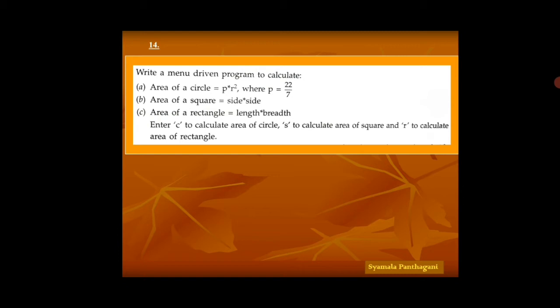Like that, we have to give the information for the end users. Then we will write these formulas in each case. Here we have three areas to find out. That's why we have to write three cases. Now explanation is C to calculate the area of circle.